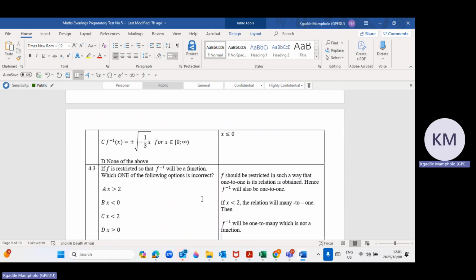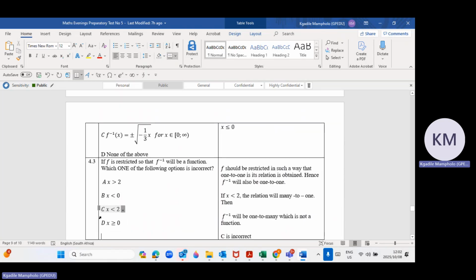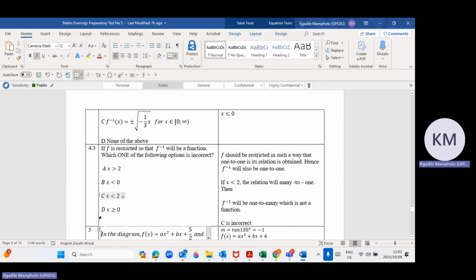So restricting x to be less than 2 will not achieve what we want to achieve, which is making the inverse a function.